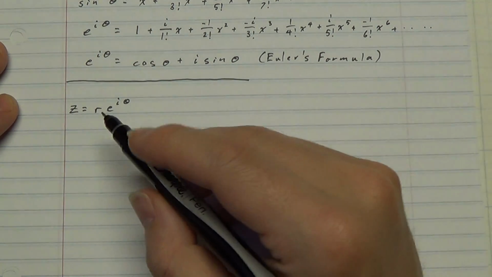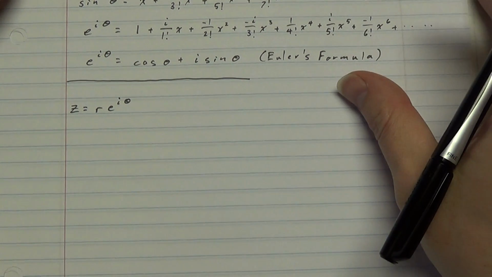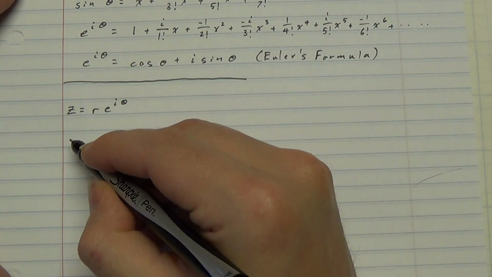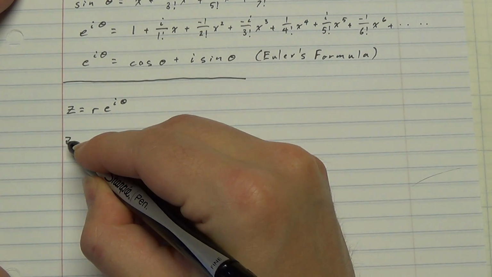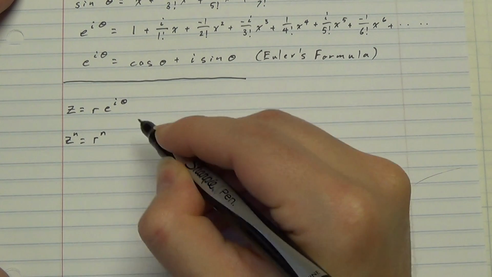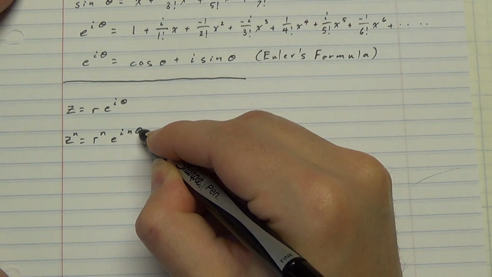All right. This is a very useful form of writing the complex number when we're dealing with powers. The nth power of z is r to the n e to the i n theta.